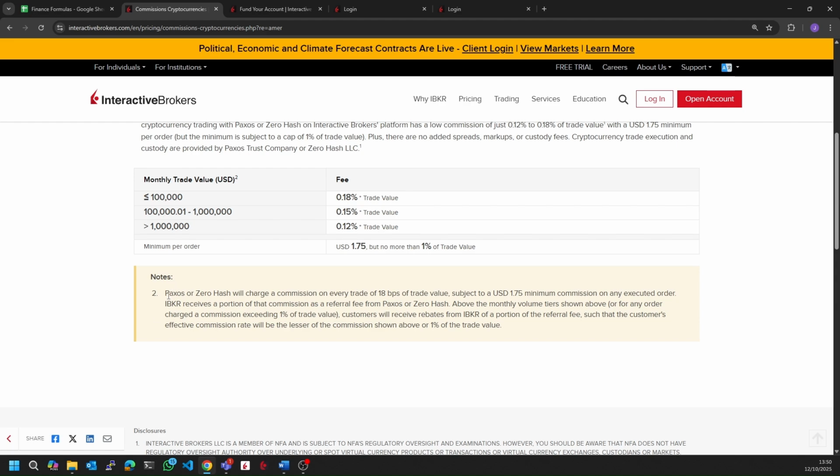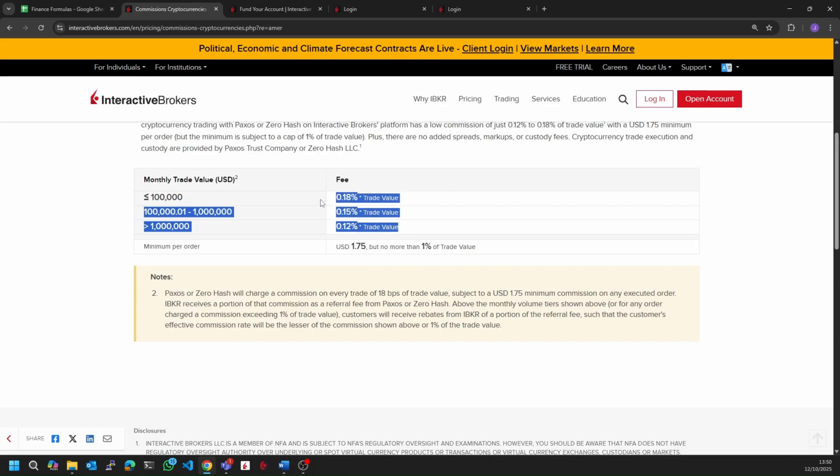The only thing is you need to understand that these two companies would be the custodians for your cryptocurrencies, and you need to trust these companies. If you want to trade cryptocurrencies on Interactive Brokers, I personally prefer to use non-custodial accounts, but it depends.